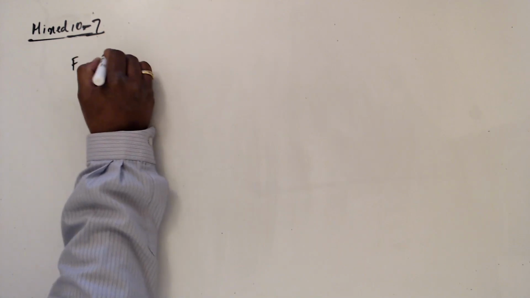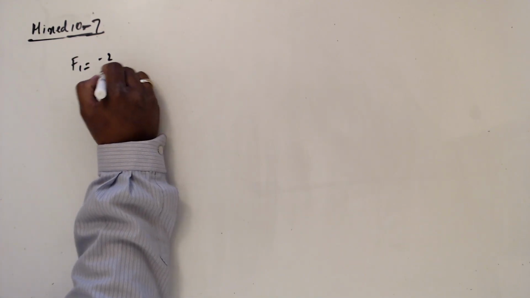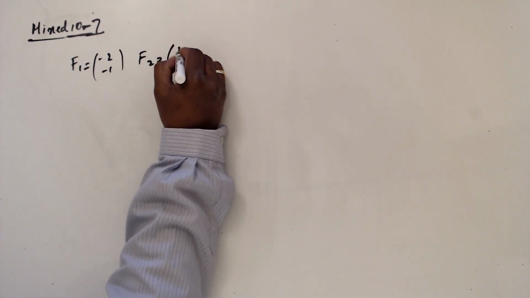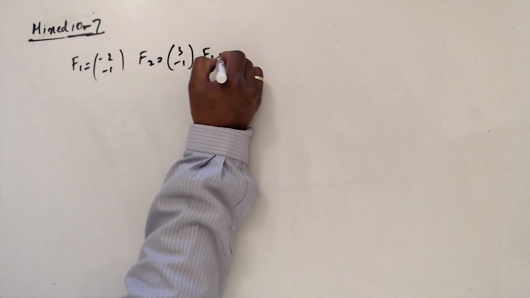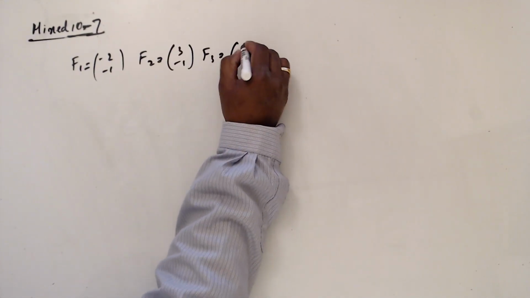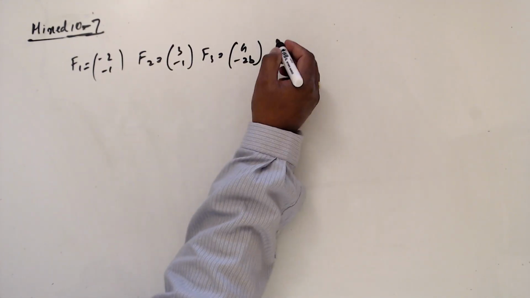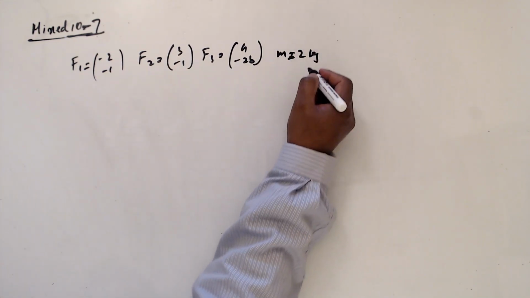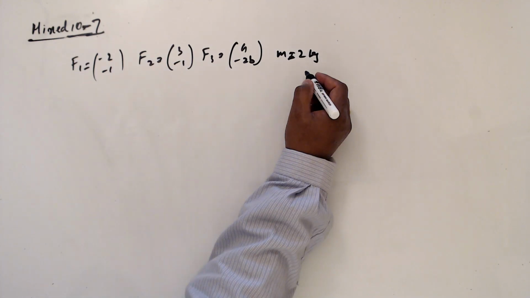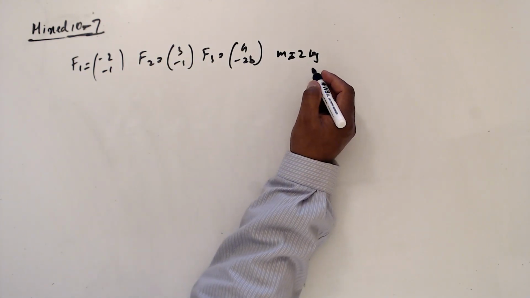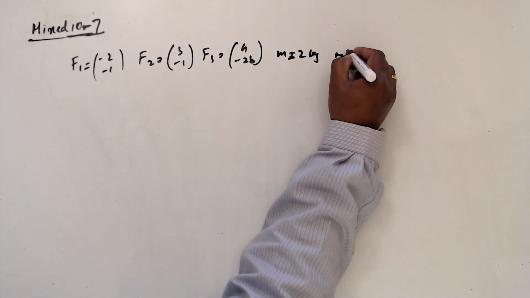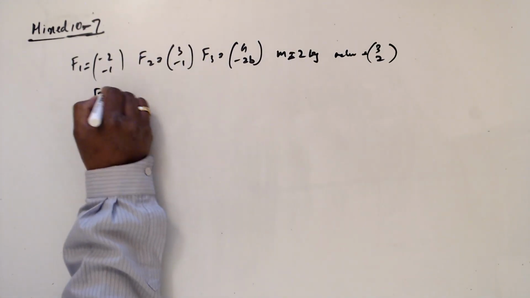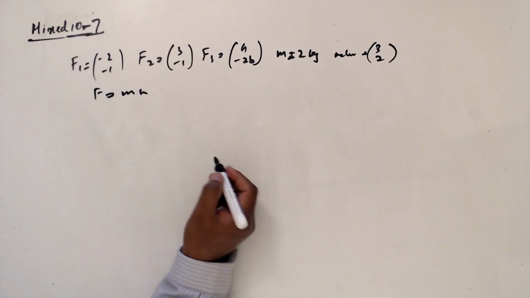If F1 is minus 2, minus 2, I will take it as minus 2, minus 2. If F2 is 3, minus 1, and if F3 is a, minus 2b, and mass is given as 2 kg, and acceleration is also given as 3 and 2. So we'll put F equal ma in vector form.